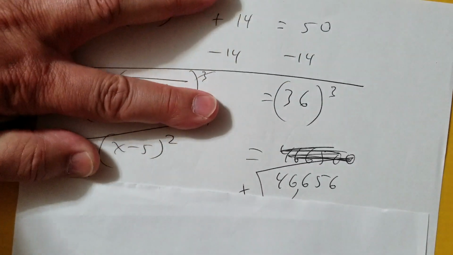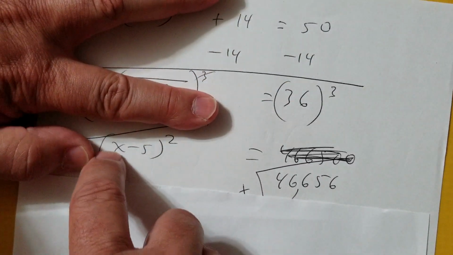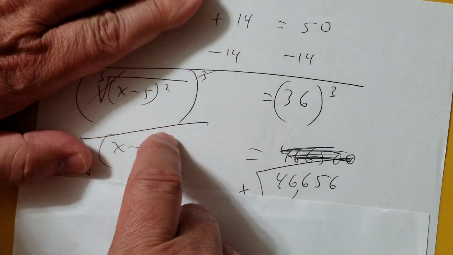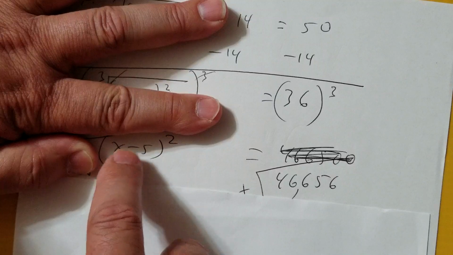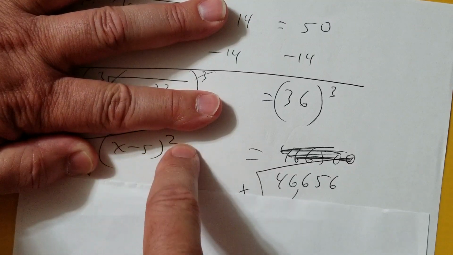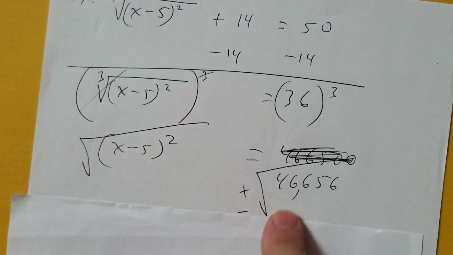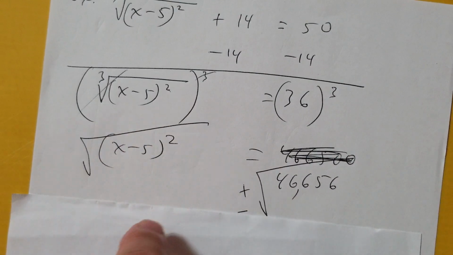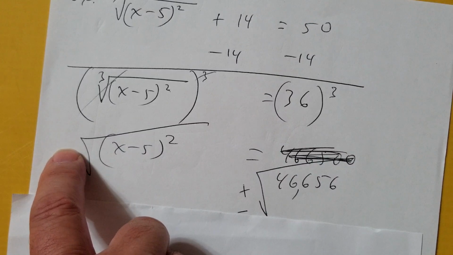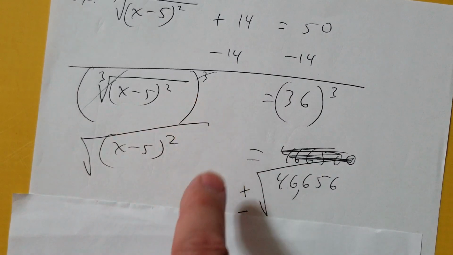Okay. So on the left, the radical is gone, but now you have x minus 5 squared. So how do you get to the x? Well, to cancel the power 2, you square root both sides, right? It seems like we're putting it back, but we're not putting back the same exact thing, obviously. So we square root both sides.